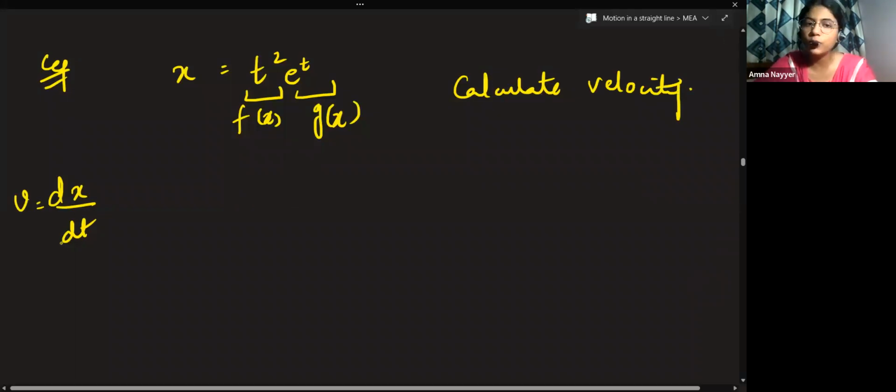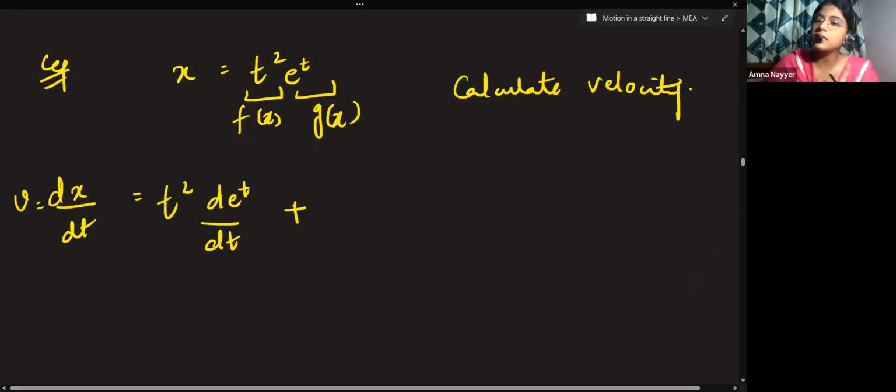Velocity is given by dx over dt, which means we have to differentiate. Keep the first function as it is, t square. Now differentiate the exponential, d by dt. Plus, now keep the second function as it is, do not disturb it, e to the power t, and now differentiate the first function, d t square by dt.